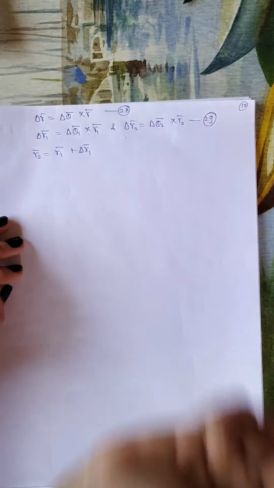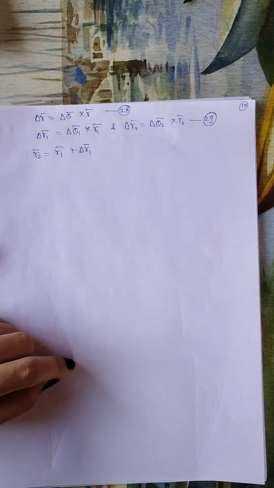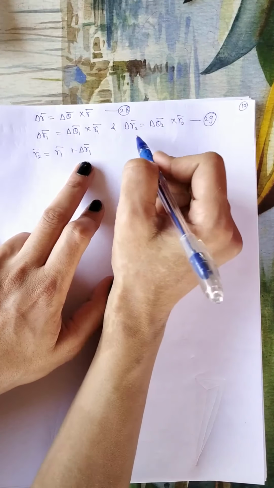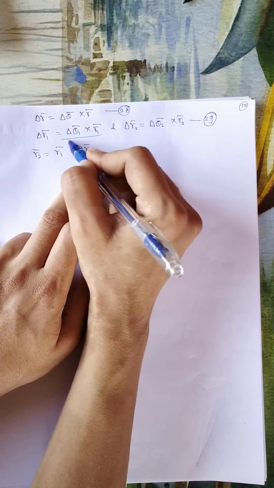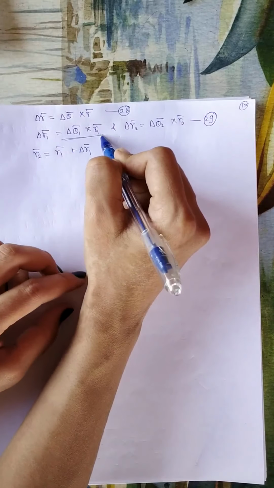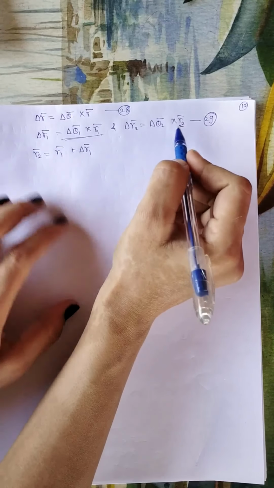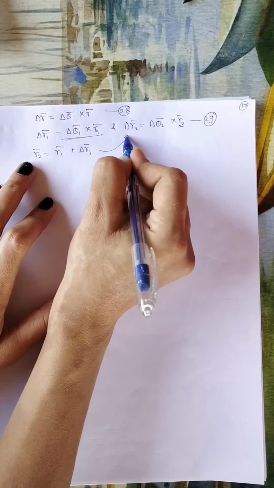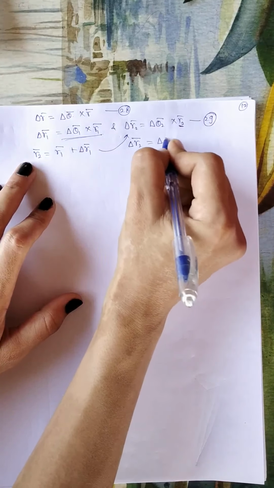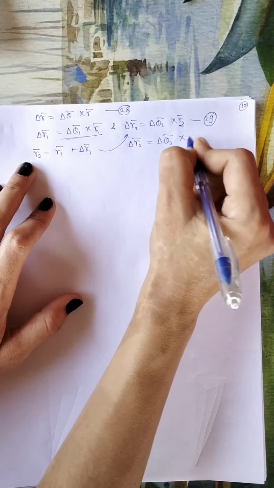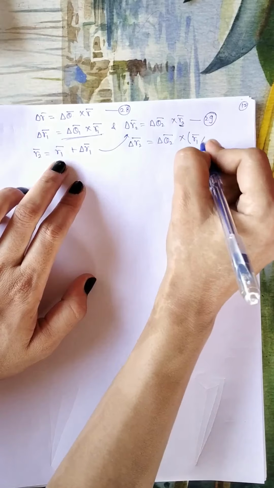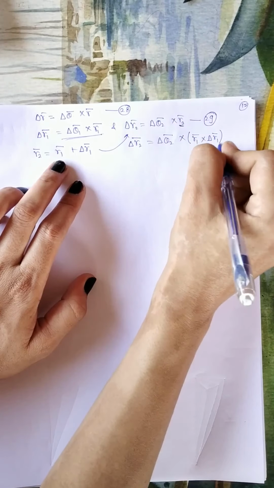Now, since you know that our delta r1 bar is this quantity, if we substitute this here, this is our r2, and if we substitute this r2 in delta r2, we will get delta r2 as delta theta 2 bar crossed with, what is now r2? Let's substitute it as r1 plus delta r1 bar.